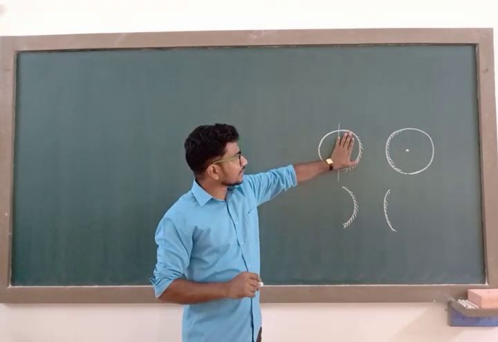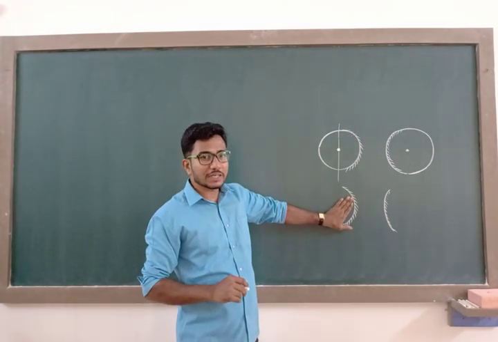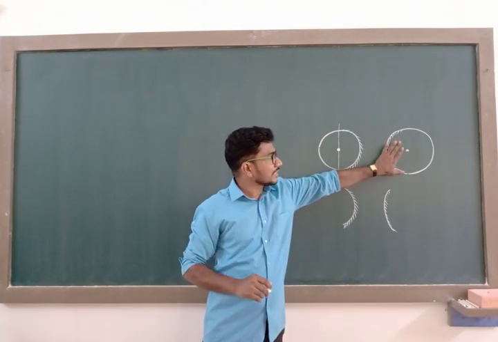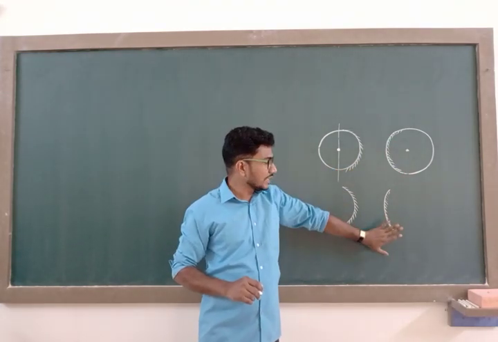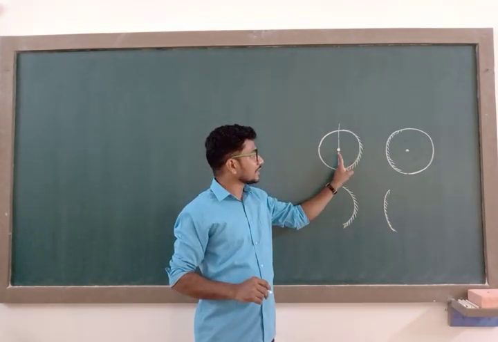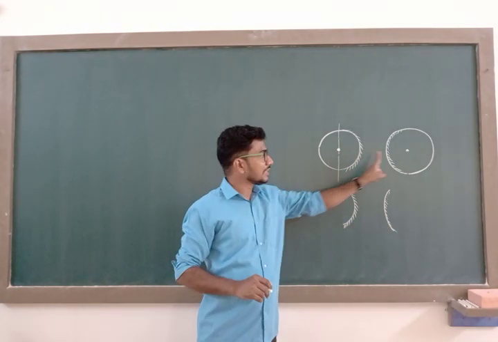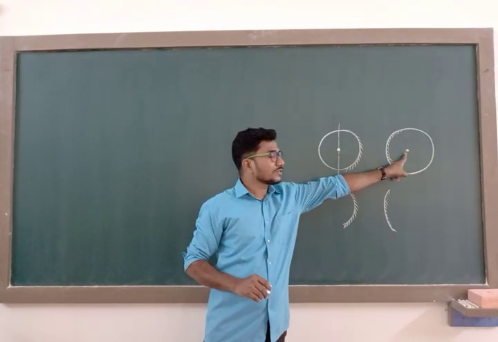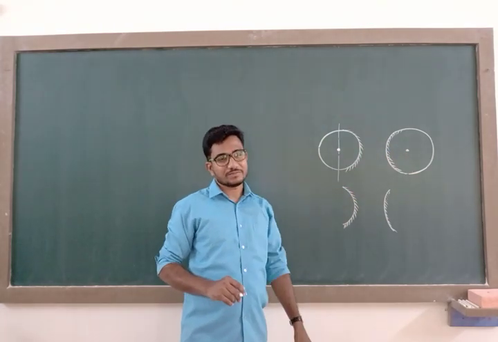So in case of this sphere, we will get a concave spherical mirror. In case of this sphere, we will get a convex spherical mirror. Reflecting surface near to the center of the sphere, reflecting surface far from the center of the sphere.